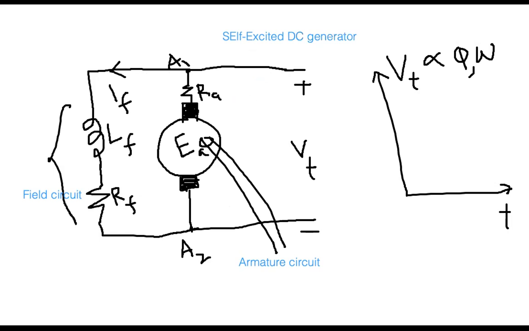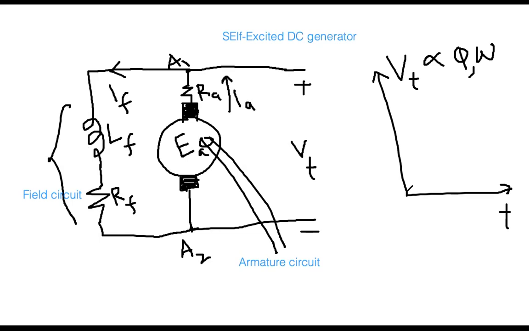IA is now here. This is your IA. So EA minus IA RA, that voltage will appear here. Now if there is no magnetism, there is no voltage build up, so ultimately there will be no voltage. That may be the drawback.